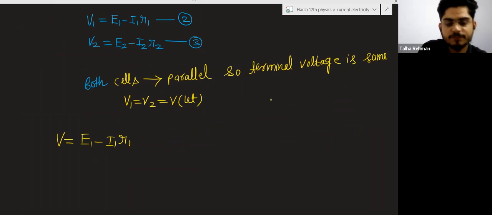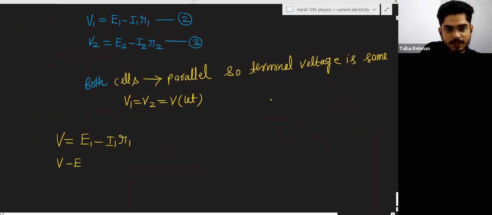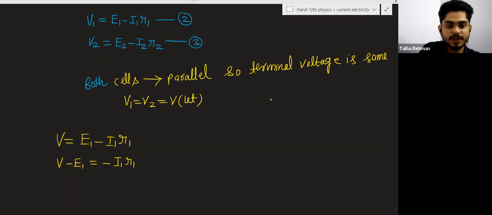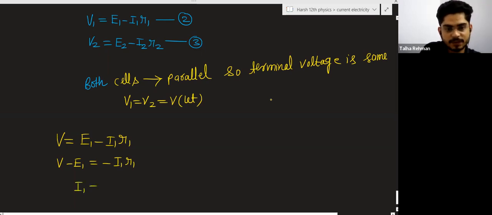So from here we will find I1. So V minus E1 is equal to minus I1 into R1, and from here we will get I1 equal to E1 minus V divided by R1.